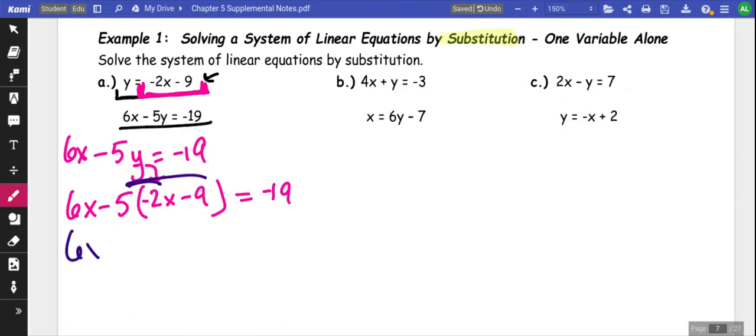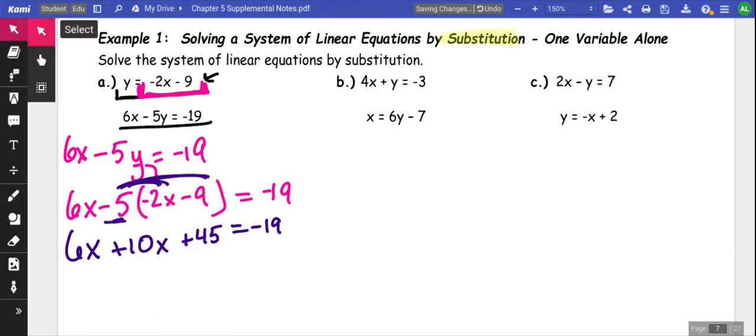So 6x, and remember, it's negative 5, not positive 5. Negative 5 times negative 2x is positive 10x, and negative 5 times negative 9 is positive 45.